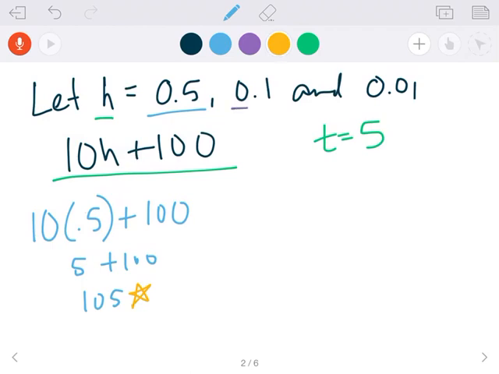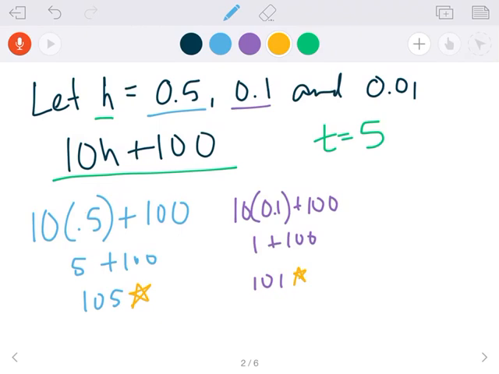Next one, 0.1. 10 times 0.1 plus 100. We're plugging it in again to 10h plus 100. 0.1 times 10 is 1. We get 101. Again, matches our previous calculation.